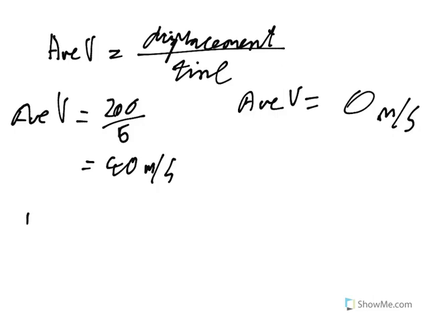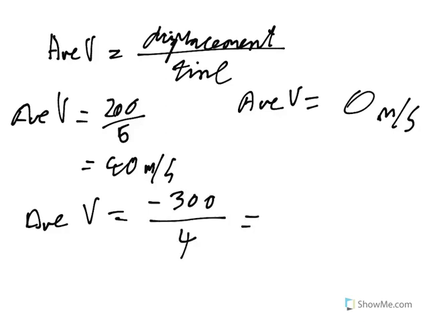So our average velocity is minus 300 over 4, which ends up as negative 75 metres per second. Alright, so that's that.